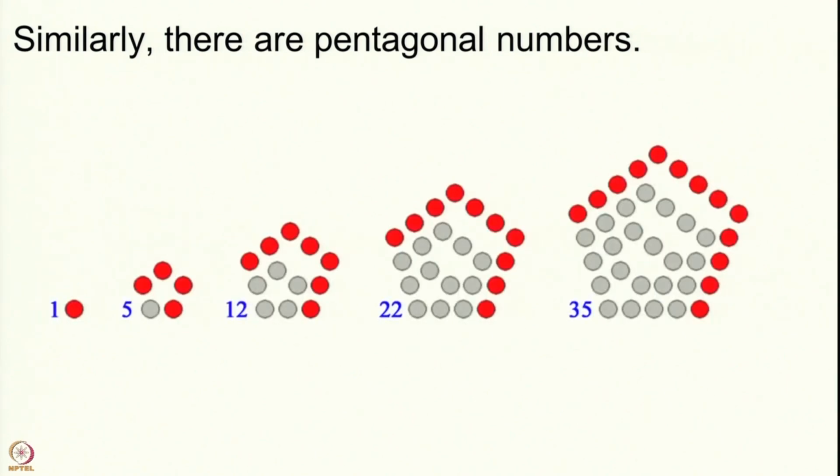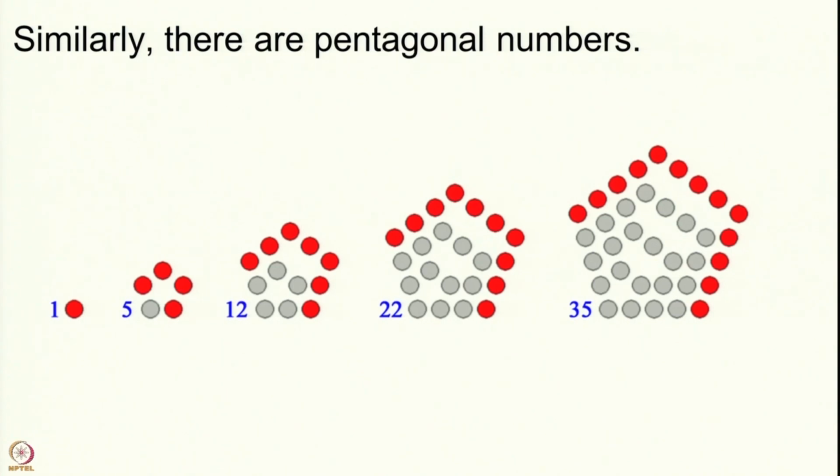So, you have the trivial pentagon consisting of only one dot, and then you have the pentagon where each side has 2 edges, each edge has 2 vertices, and so you have the number to be 5. I have taken this picture from Wikipedia.